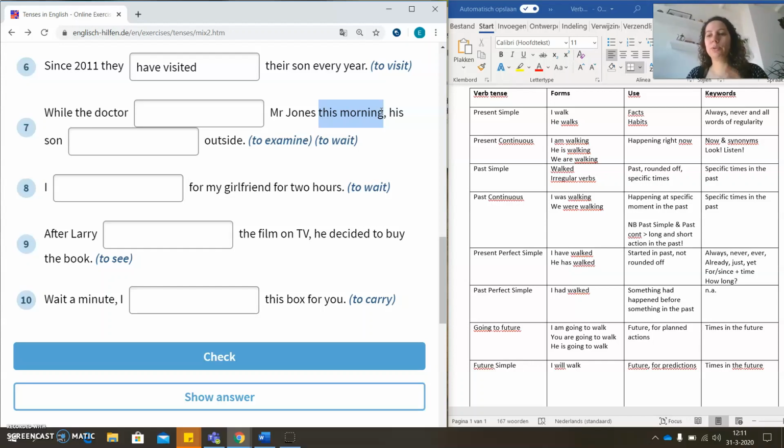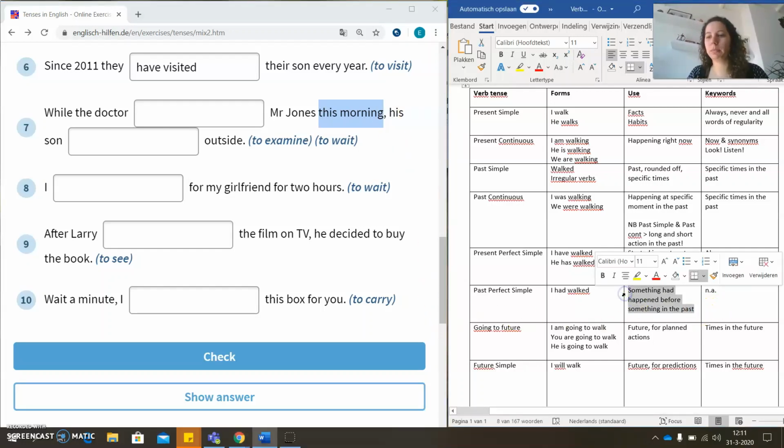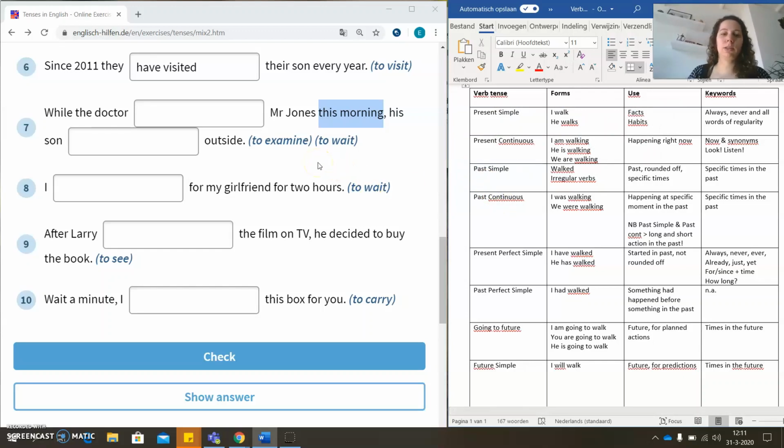We're looking at "while," so at the same time. So we're not looking at past perfect, because past perfect always has the one happening before the other. So we're looking at this category again. Sorry, not that one, this one. Past simple and past continuous. The question is, do each of these last equally long, or is one of them longer than the other?